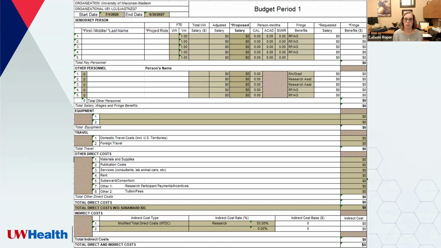Other areas that you can, again, be more optimistic on are your materials and supplies. If you know you have an assay that's going to cost you $500 to purchase, and you're going to get an extra 10% on that for shipping, maybe you bump it up to $550 so that there's wiggle room.